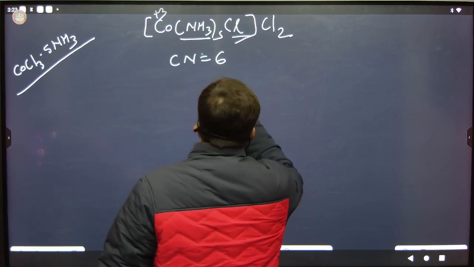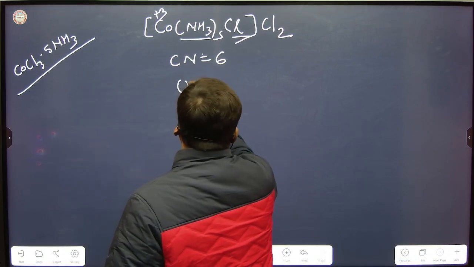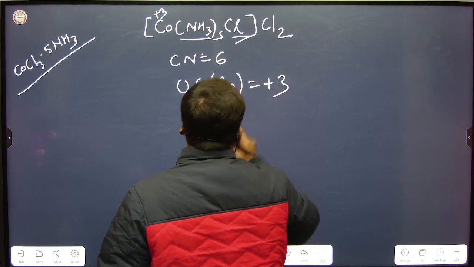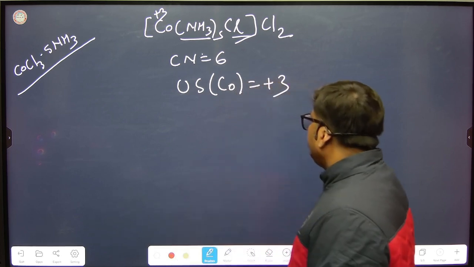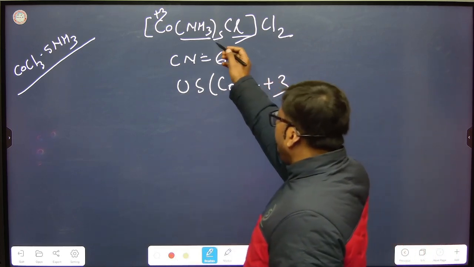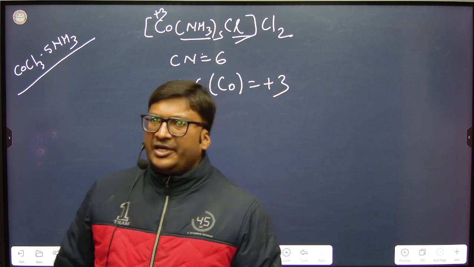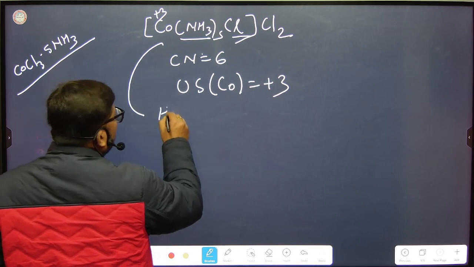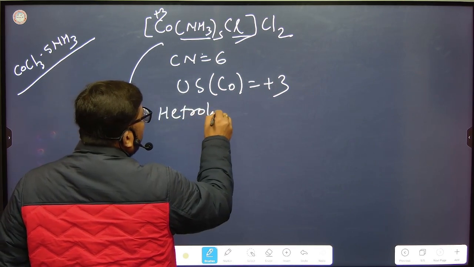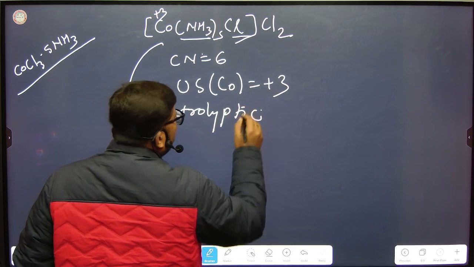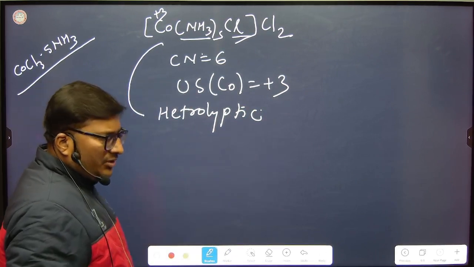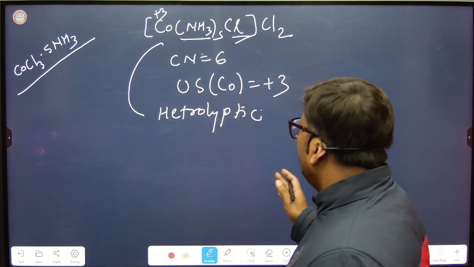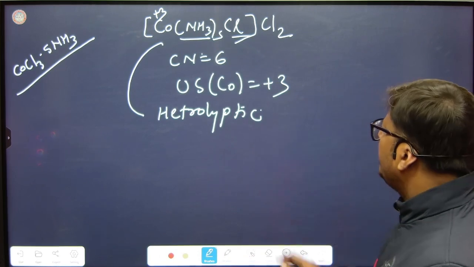Here primary valency, it means the oxidation state of cobalt is +3. So here this coordination sphere is heteroleptic, right? So this is a heteroleptic coordination sphere, because of the different ligands which are present in the coordination sphere.